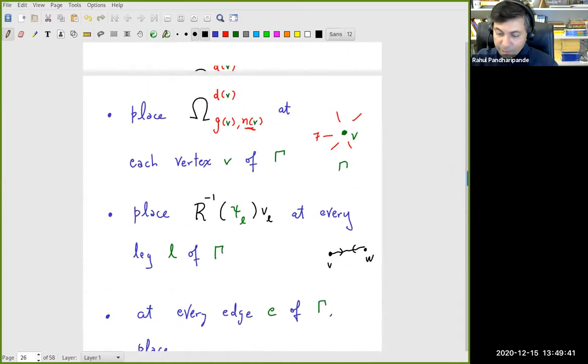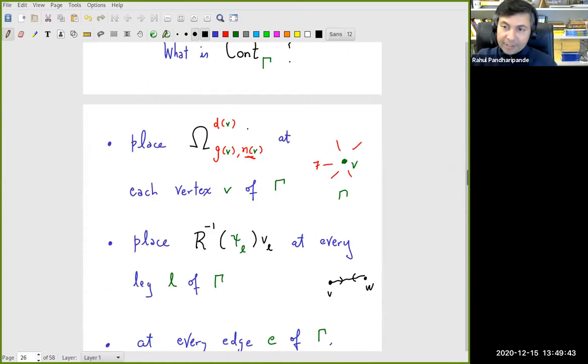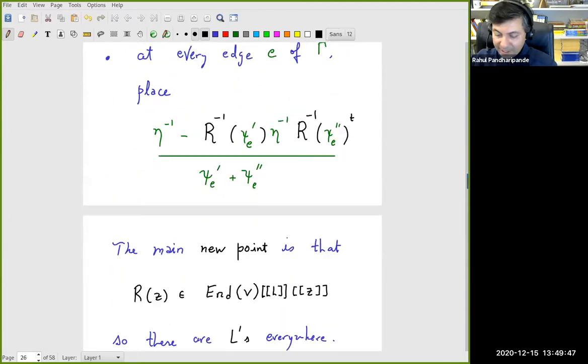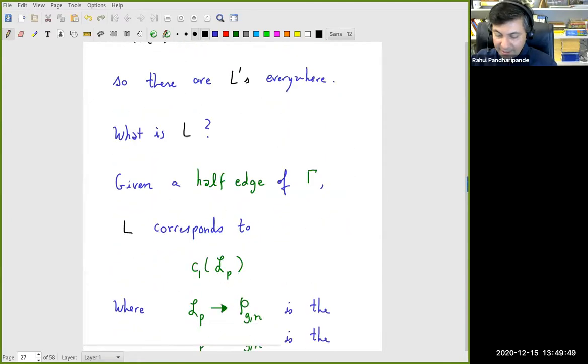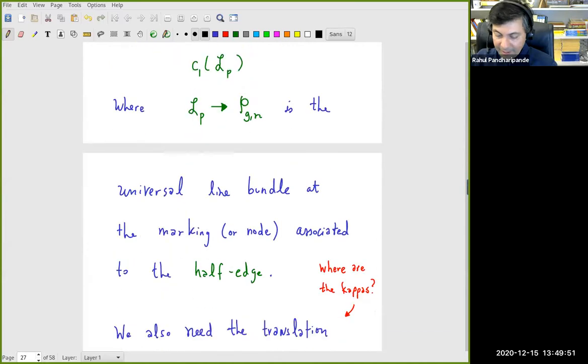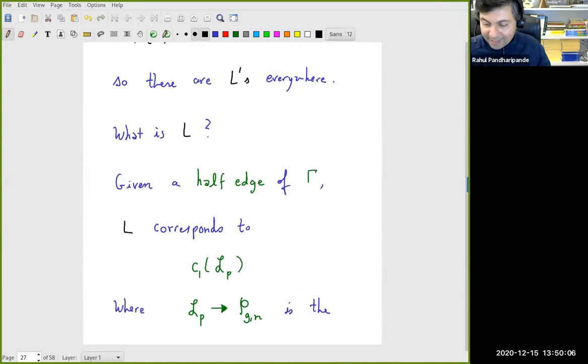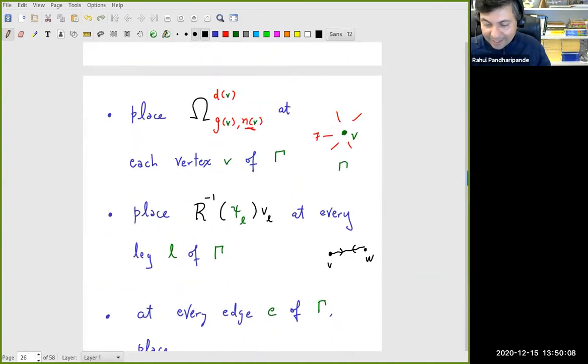So in all of these rules, whenever you see an L, you can pull it out, just the same way as with the cotangent line. And then you could say, well, what about the kappas? There's also the kappas, and that's going to come in the T action. And the kappas, what was before the construction that provided kappas, will now provide something like the theta divisor for the Picard stack.